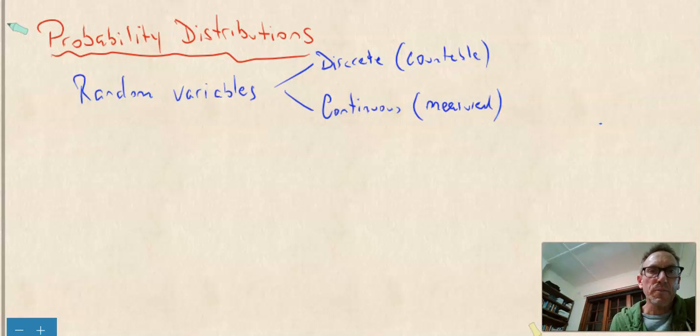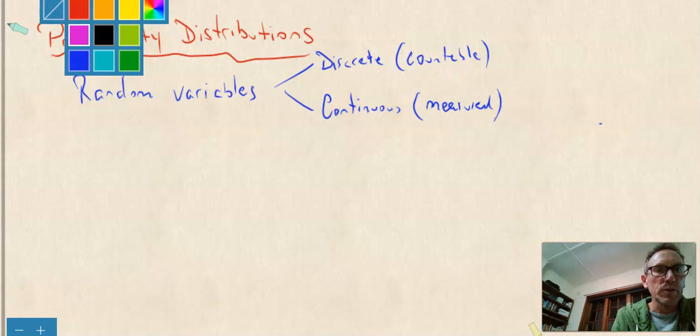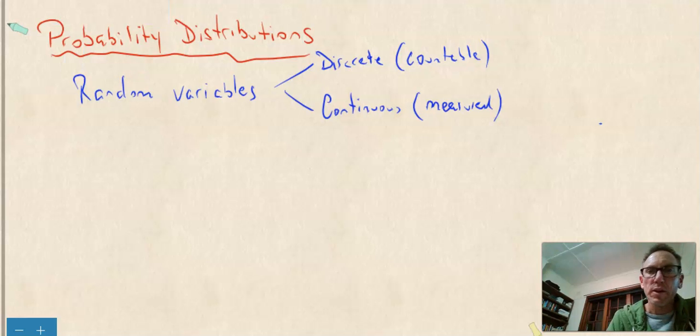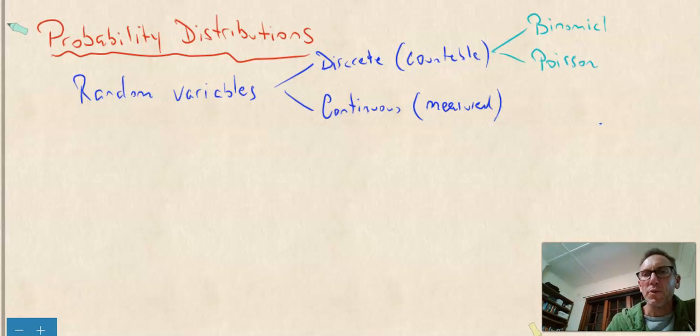So we're going to kick off with discrete random variables. With discrete random variables, we're going to look at two types in this course: the binomial probability distribution and the Poisson distribution.